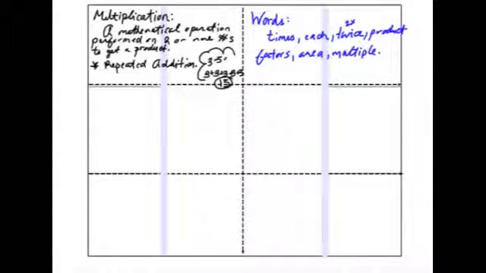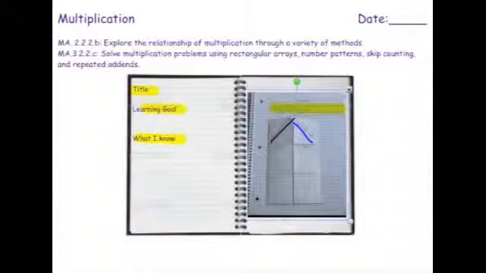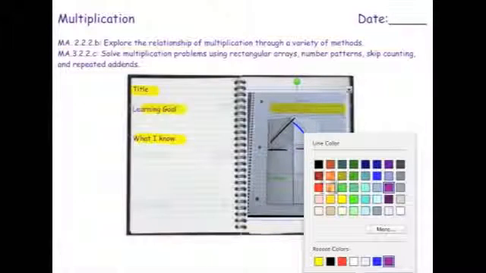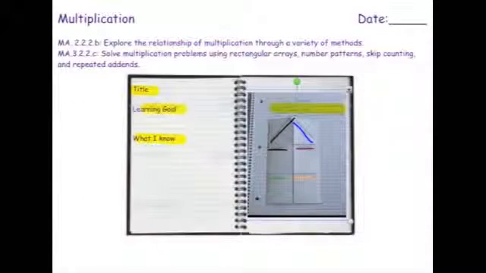Okay? So now we're going to talk about the 4 methods of multiplication, and those are the traditional method, the picture method, the array, and also the box and cluster method.